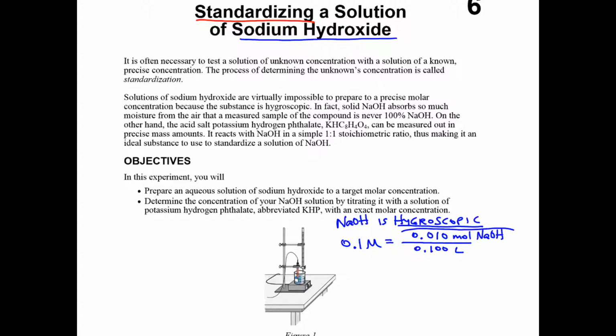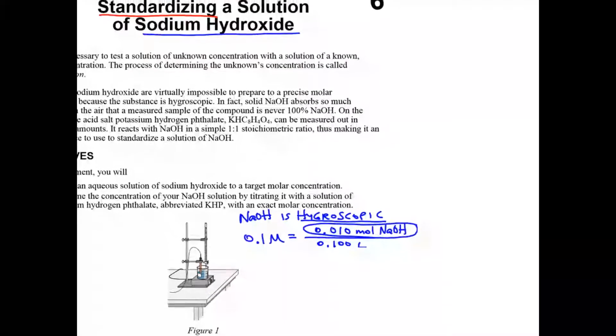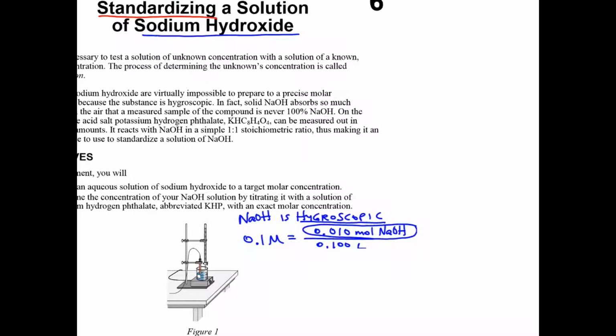Then you're going to take your molar mass to convert this, and you're going to add it up from the periodic table. It's going to weigh 40 grams. So you're going to take 1 mole, 40 grams, and you're going to take 0.01 times this, and you're going to need 0.4 grams of sodium hydroxide.